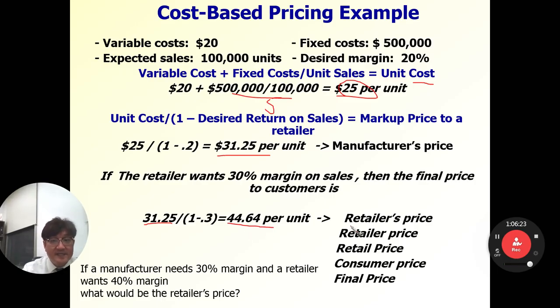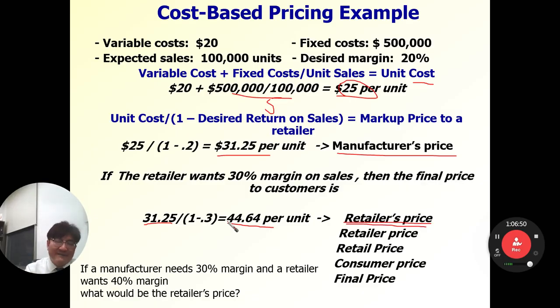This is what we call the retailer's price. This is the manufacturer's price, and this is the retailer's price. The retailer's price is the price the retailer charges customers for the product. In other words, the customer needs to pay this amount to buy the product from the retailers.